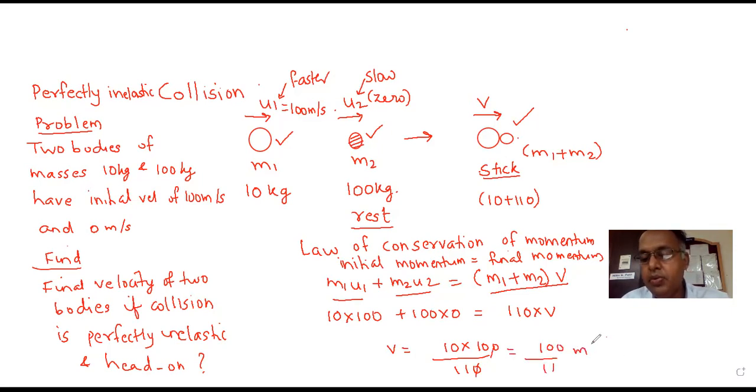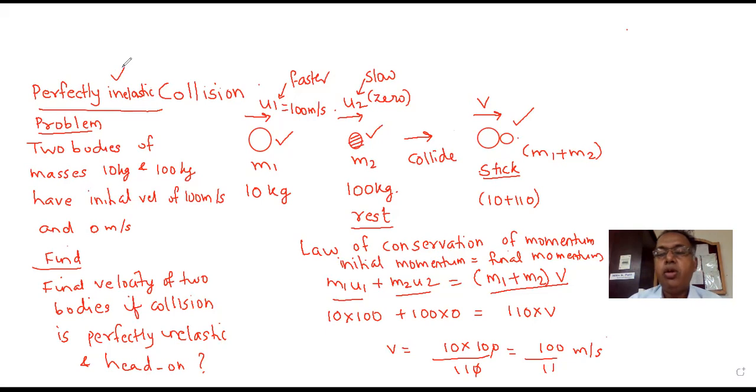You can solve this up to some decimal point. So we have found that we can find the velocity after collision if you have been given the initial velocity of the two bodies which are colliding. There is a collision. Okay, and this collision is a perfectly inelastic collision, right?